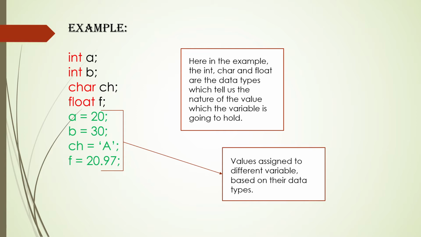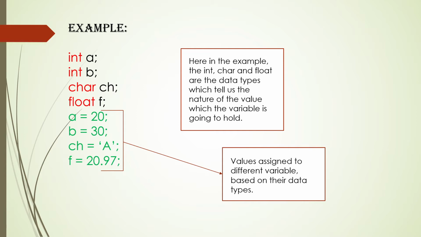Float is the data type which tells that variable f is going to hold a decimal number, that is, floating point numbers. After this declaration, I have assigned values to the respective variables. See, a and b are assigned 20 and 30 respectively, and ch is assigned the character a. It should be under single quotes, and f is assigned the decimal number 20.97.